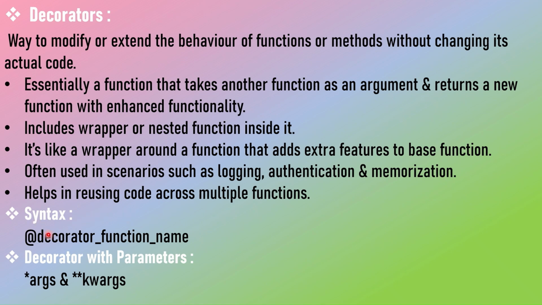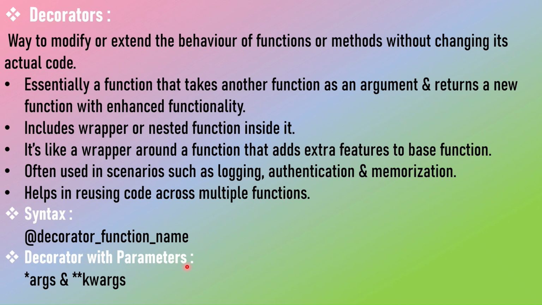When it comes to syntax, it usually starts with the @ symbol followed by the decorator function name. In order to apply a decorator function to the base function, we need to give that decorator function name above the base function to which we want to apply the decorator. And then decorator with parameters.